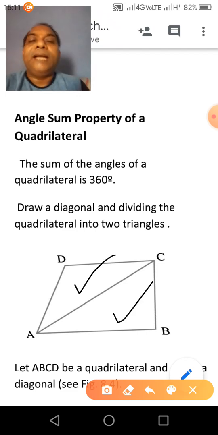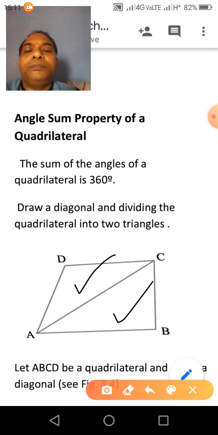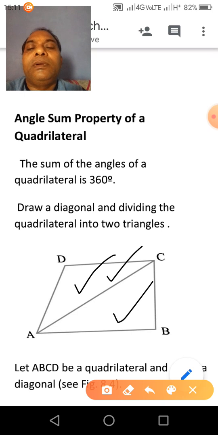Clear? And we know that according to the angle sum property of a triangle, the sum of all three angles of a triangle is equal to 180 degree. So, the sum of all three angles of triangle ADC will be 180 degree, and also the sum of all angles of triangle ABC will also be 180 degree.